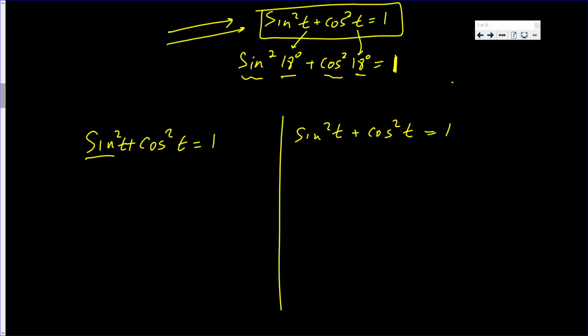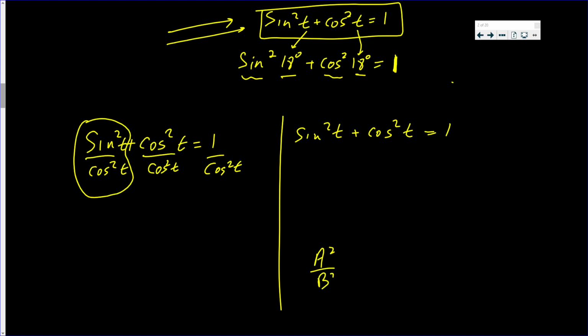How about we divide everything by cosine squared t? This first fraction, well, remember that a squared over b squared is a over b, whatever that is, squared.